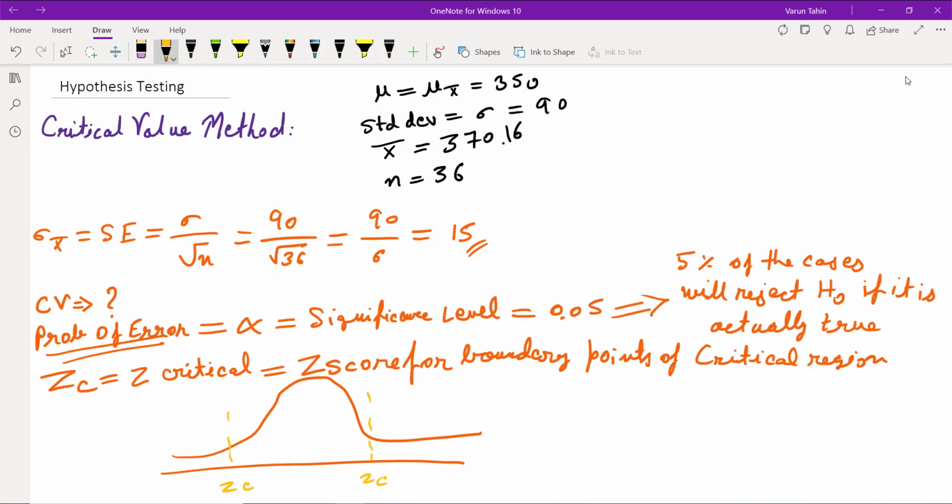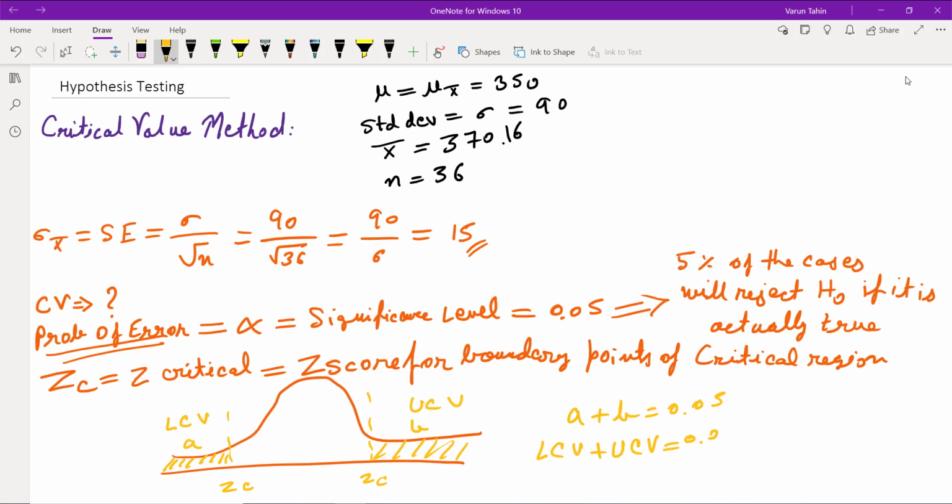Now when I say 0.05, it marks the cumulative probability of this region. So let's say that this is A and this is B. So A plus B will be 0.05. In other words, A plus B signifies LCV and UCV. So here you can say that this is LCV and this is UCV.